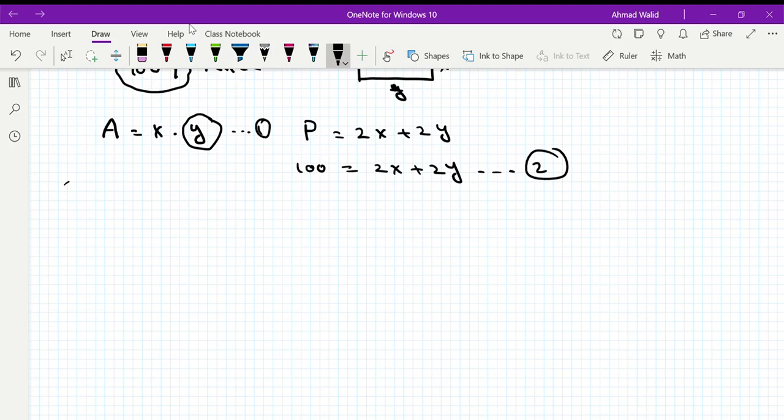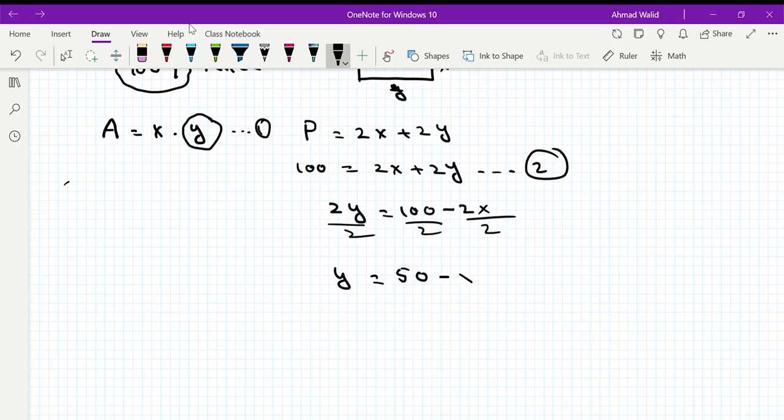Let's do it. To solve this equation for y, I can write 2y equals 100 minus 2x. Divide everything by 2. Then y equals 50 minus x. That's the value of your y. Now plug in this value where, in this formula? A equals x times y.